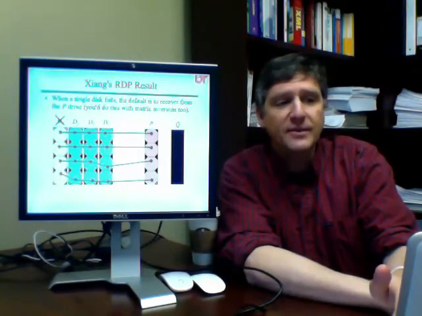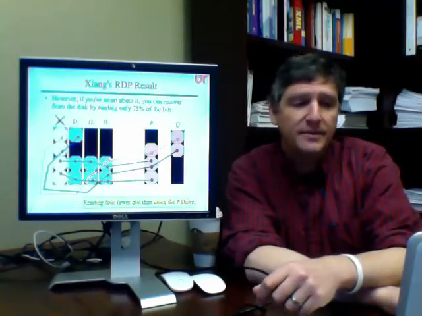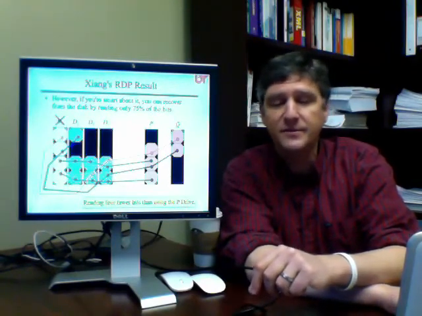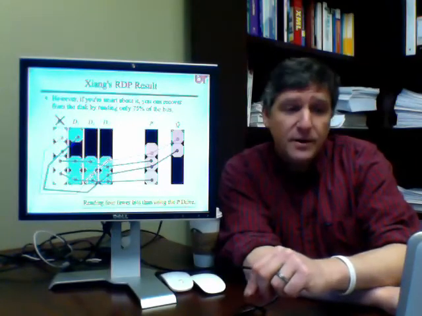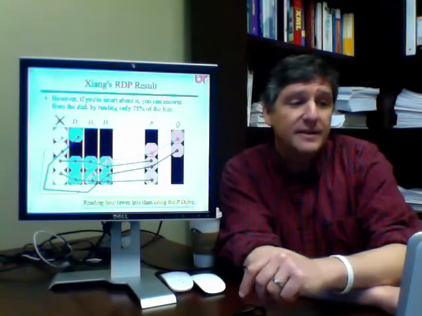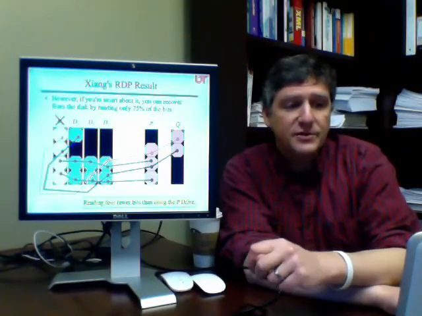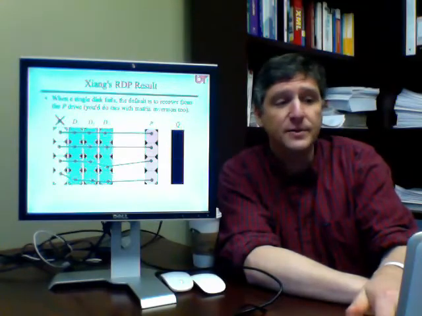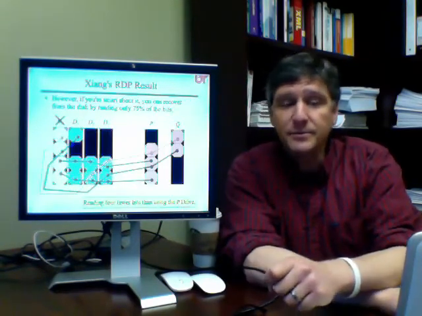What Zhang realized was that if you were smart about the bits that you use to recover, and you use some from the P drive and some from the Q drive, you can use fewer bits to recover. In this example, you're recovering the data by only reading 12 of the bits rather than 16 of the bits. I'll go back. In this one, you read 16 bits to recover. In this one, you read 12 bits to recover.